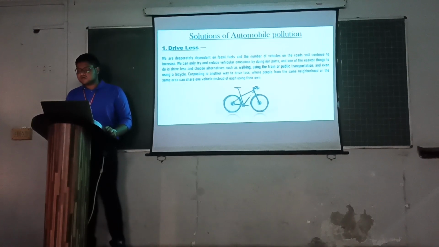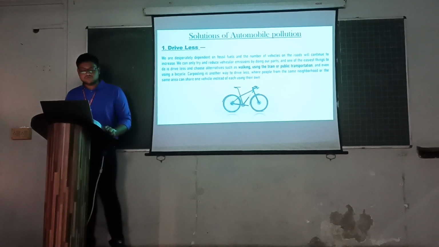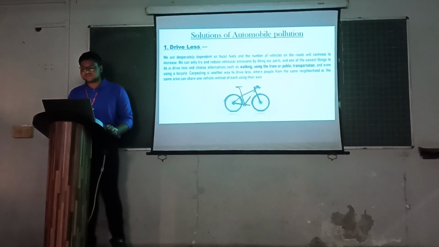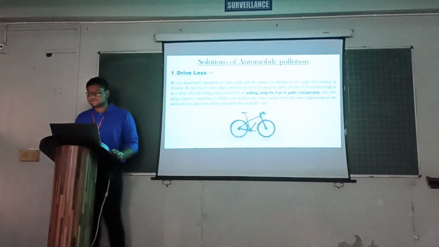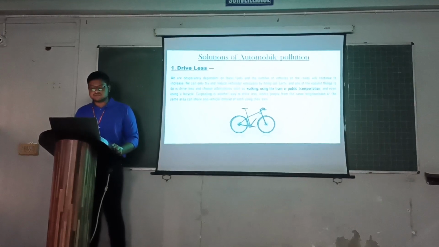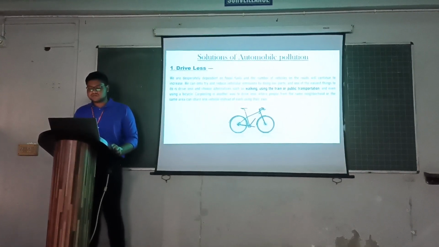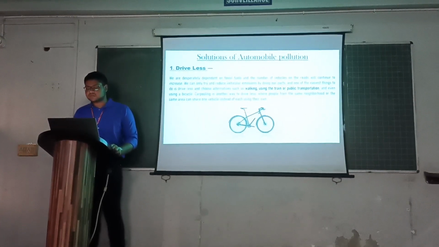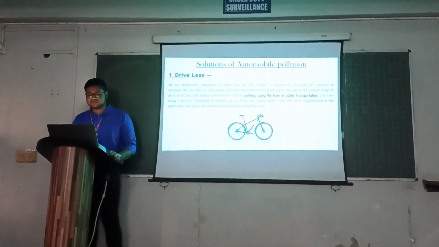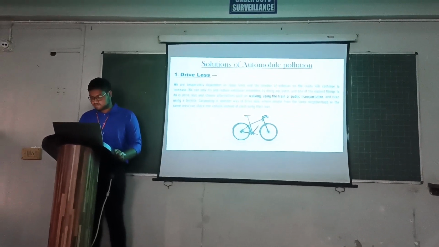One of the best things to do is to ride less and choose alternatives such as walking, using the train or public transportation, and even using a bicycle. Carpooling is another way to ride less, where people from the same neighborhood or the same area can share one vehicle instead of each using their own.